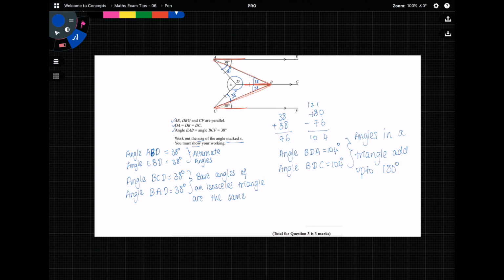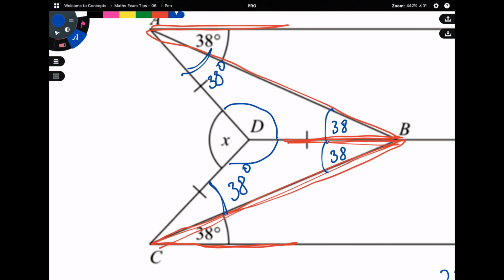Main aim is to try and work out x, and if I show you, let's write this down as 104, and this is 104, and in yellow if I show you that this is a circle, so our angles around a point add up to 360.